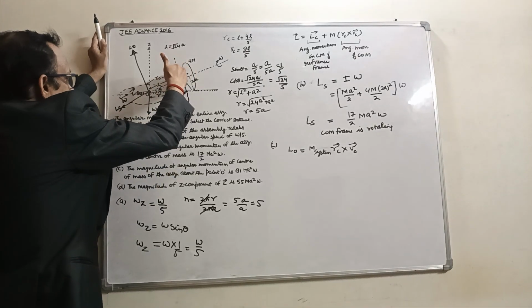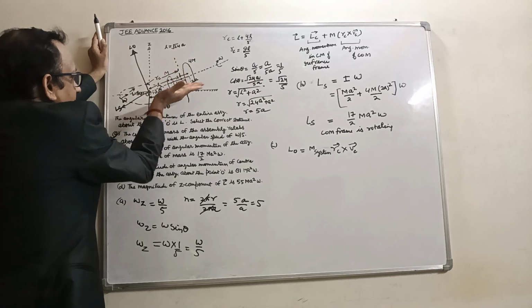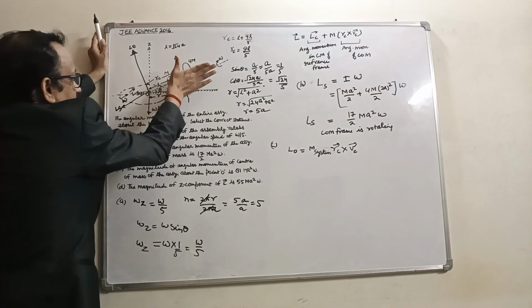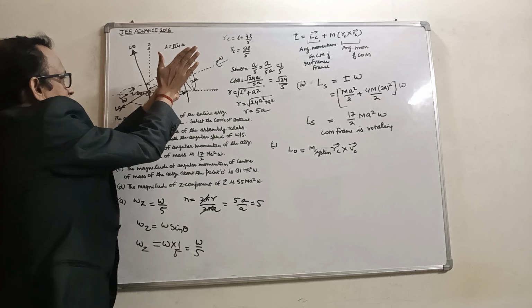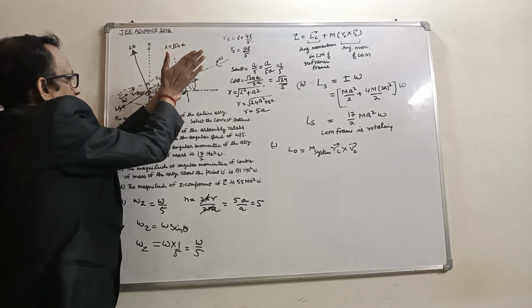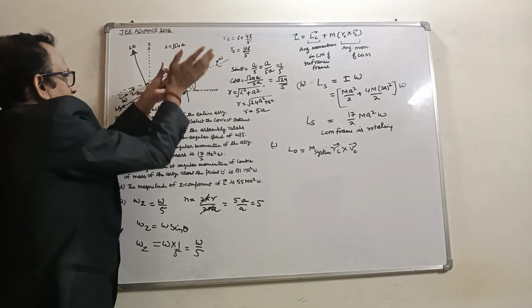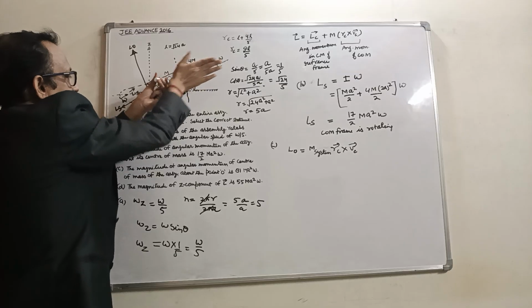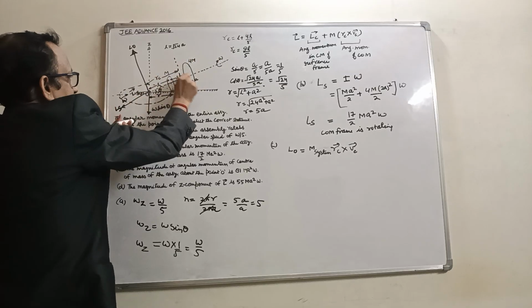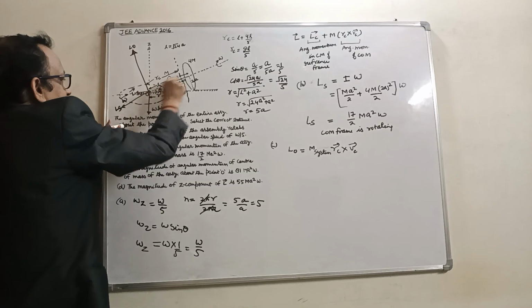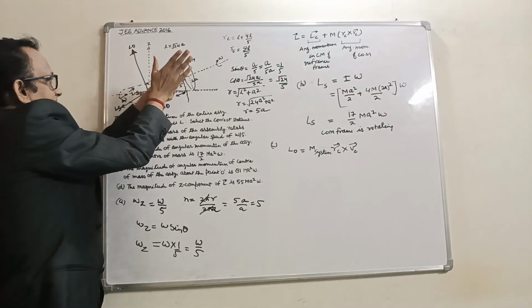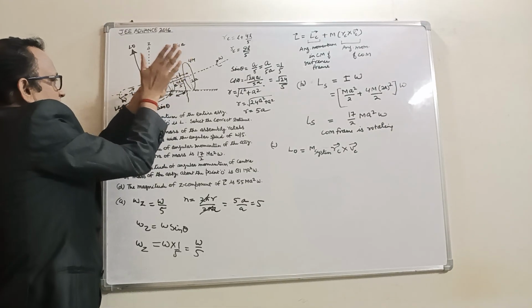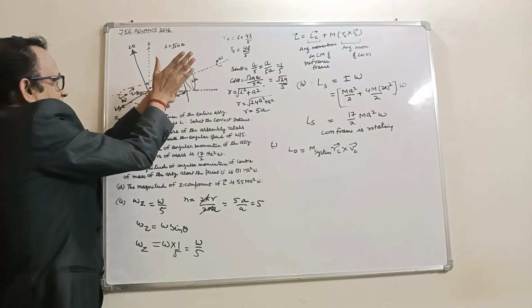Suppose this is the direction of the center of mass, and this is the radial vector, the radius RC, and the velocity of the center of mass is in this direction.